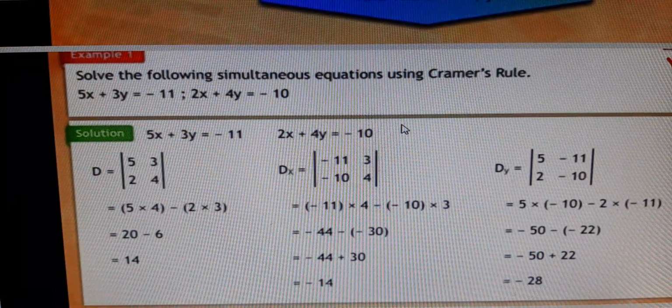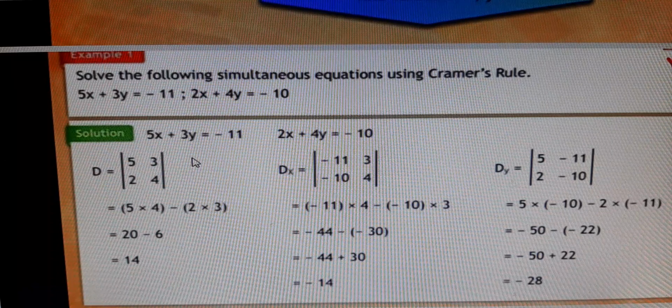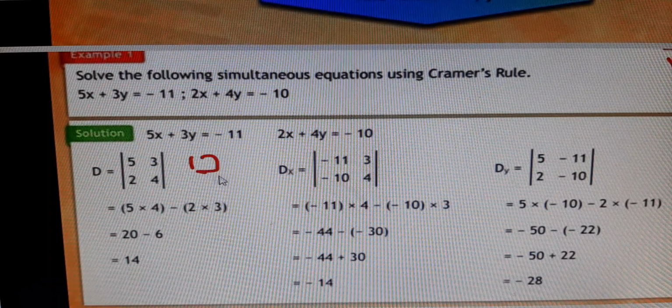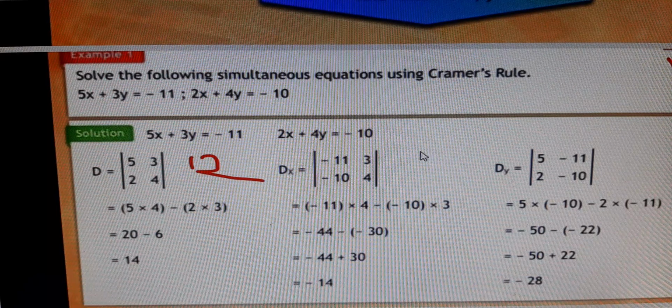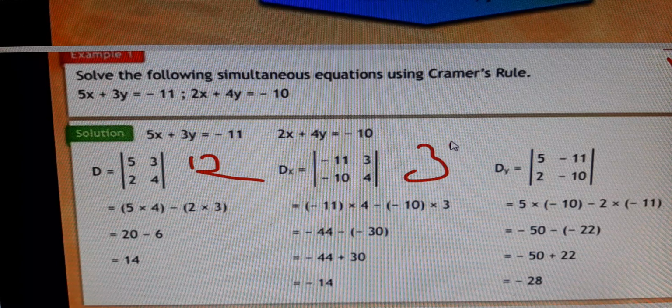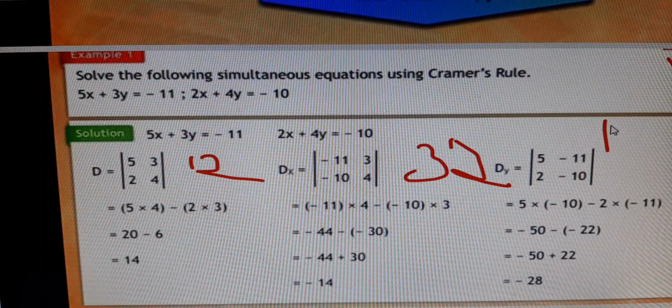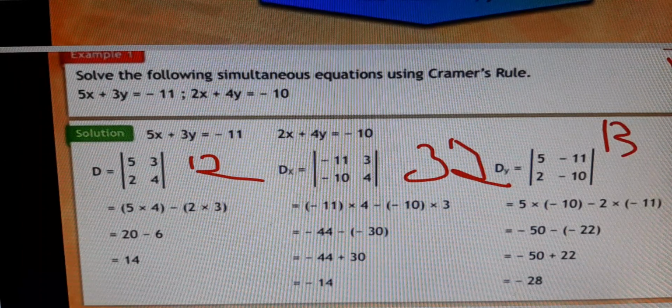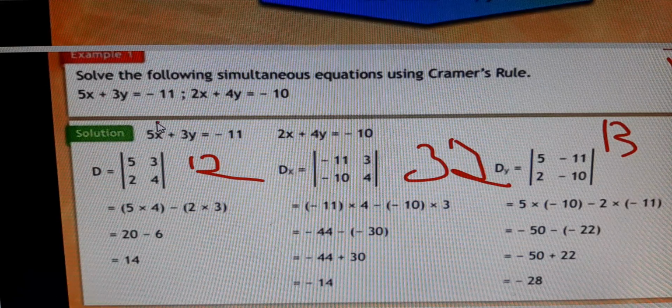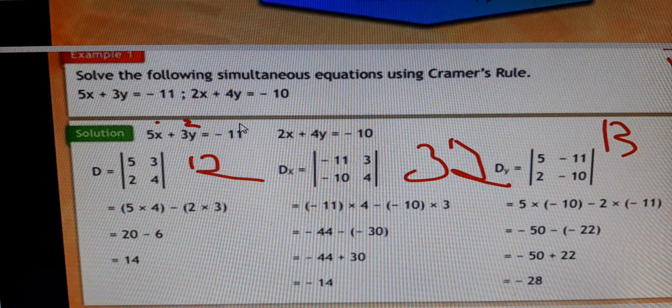See here: for D, 12 means first number and second number; for Dx, 32 means third number and second number; and for Dy, 13 means first number and third number. We have to always give this as first, this as second and this as third.